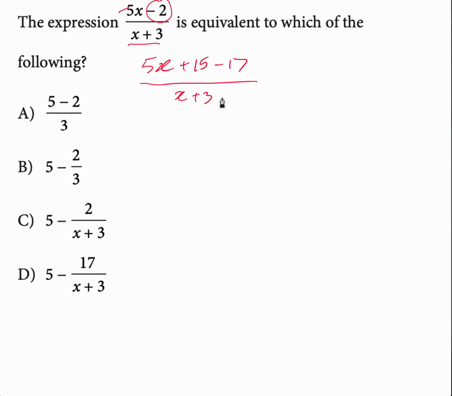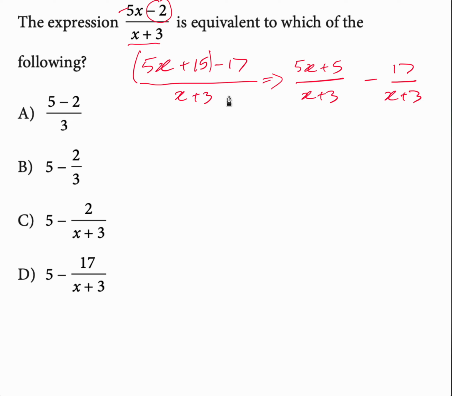By looking at this, I see that 5x plus 15 is 5 times the number in the denominator, so I can rewrite it as (5x + 15)/(x + 3) minus 17/(x + 3).